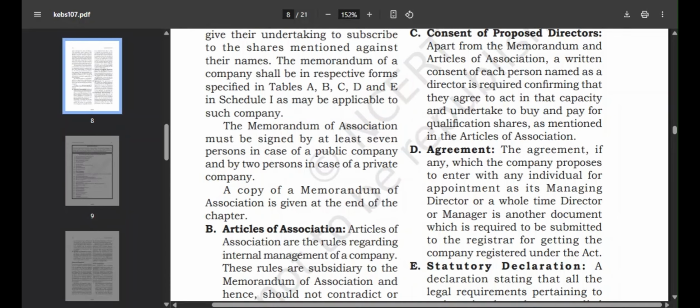Apart from MOA and AOA, a written consent of each person named as director is required, confirming that they agree to act in that capacity and undertake to buy and pay for qualification shares as mentioned in the AOA. So your director of the company is required to confirm that they are able to undertake and to buy and pay for the shares.